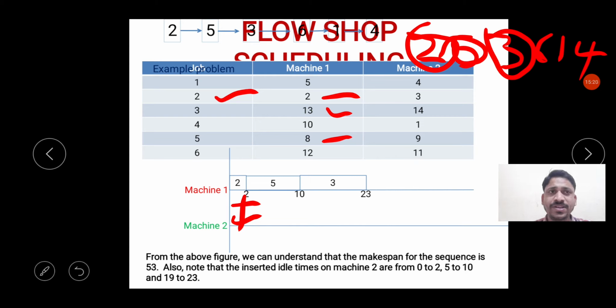Next, according to our sequence, is job 6. According to our sequence, 2, 5, 3, 6, 1, 4, next is job 6 on machine 1. For how many hours? 12 hours. When does it start? At 23 hours.